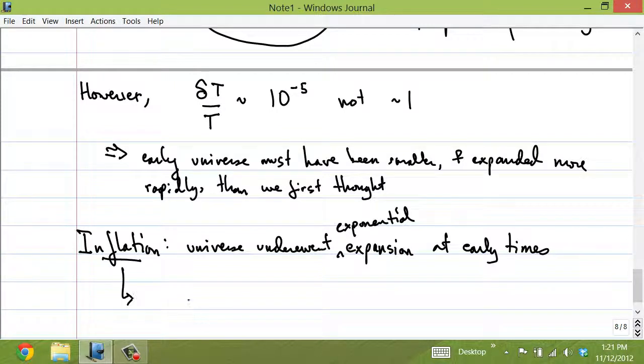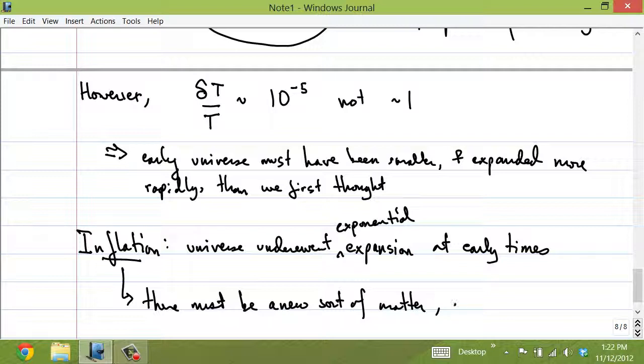In order for that to occur, there must be a new sort of matter responsible for that evolution at early times. Okay. And people give a name to that type of matter. They call it the inflaton, because it's the thing that made the universe want to inflate. Okay. Just like a photon is something that makes the universe want to float.